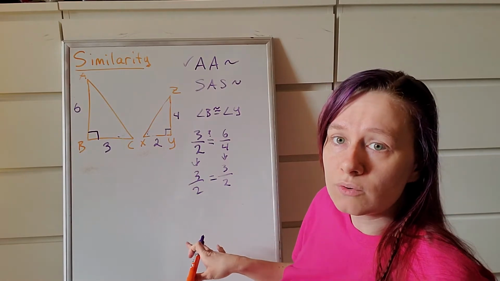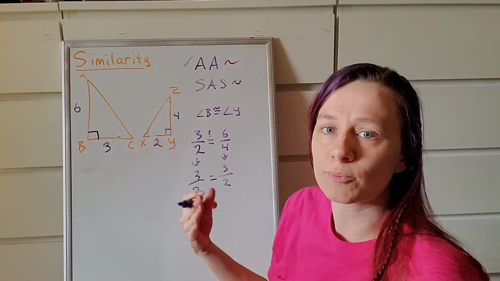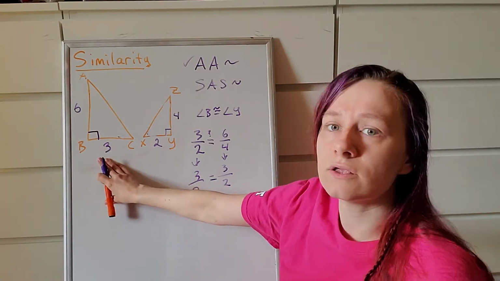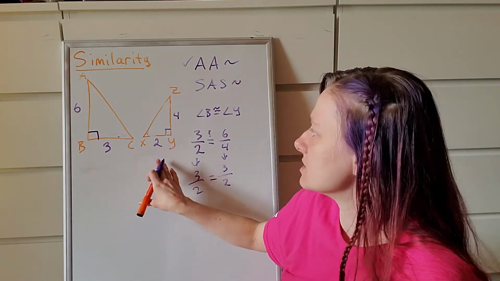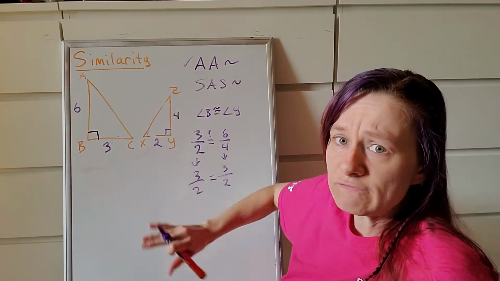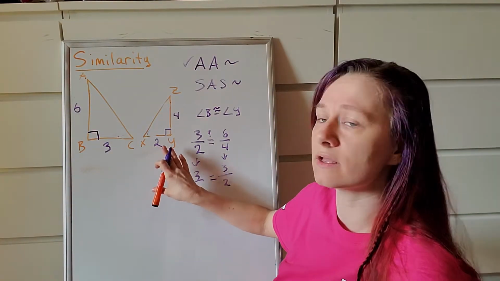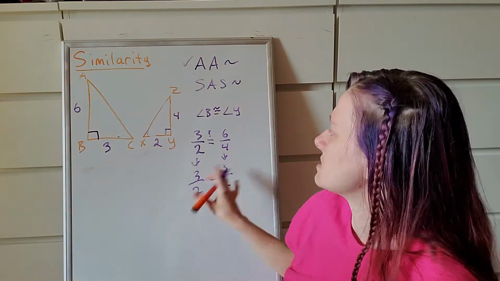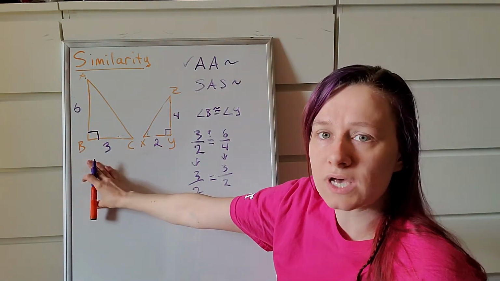So now I know that my 2 pairs of sides are proportional. They have the same scale. This triangle is 3/2 the size of this triangle. You can flip it and you could say that this triangle is 2/3 the size of this triangle. I just chose to set my fraction up starting with this one on top.